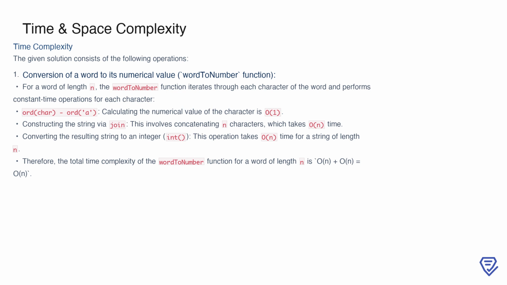Next, the join operation concatenates these characters into a string, which requires O(n) time since it involves processing all n characters. Finally, converting this string to an integer using the int function also takes O(n) time, as it depends on the length of the string. Combining these steps, the overall time complexity of the word-to-number function for a single word is O(n).